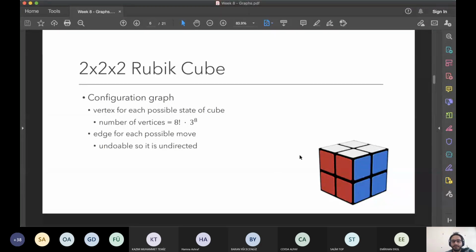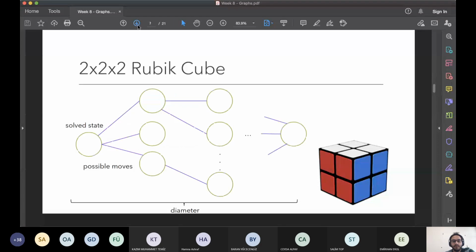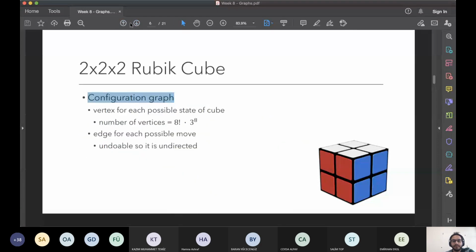We can name all of these, and we have the transitions as edges and each state as a node. So all possible states of this Rubik's cube can be mapped to a graph, right? And then if you'd like to solve this Rubik's cube, we need to find, do I have it? Yeah, here it is.